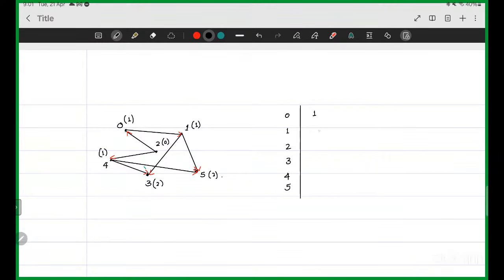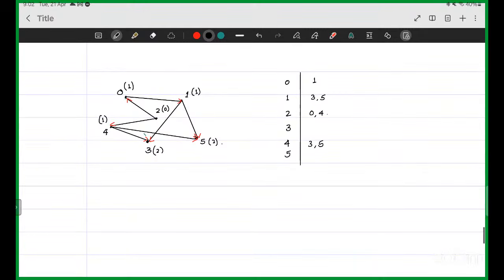For 1, you have 3, 5. You have 0, 2, 3. There's nothing. 4, 5, and 5. There's nothing. So if you want to compute the in degree of, let's say, 5, then you see how many times it comes in the adjacency list, and that is its in degree. That is how you compute it from the adjacency list.